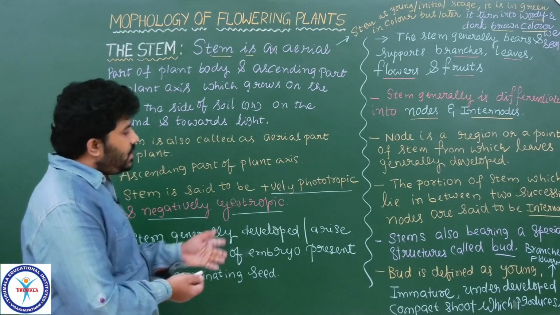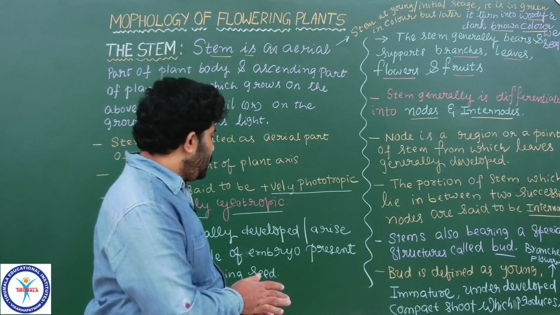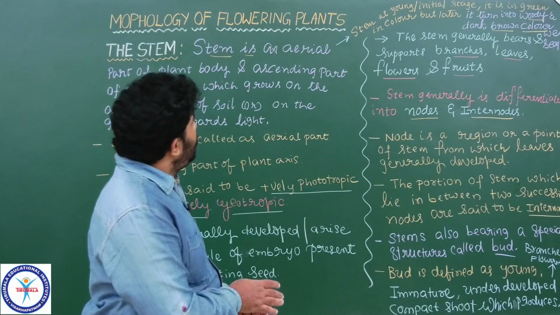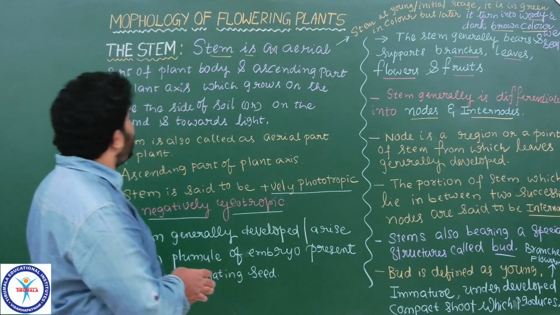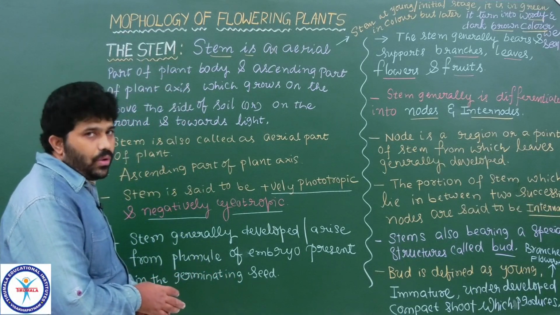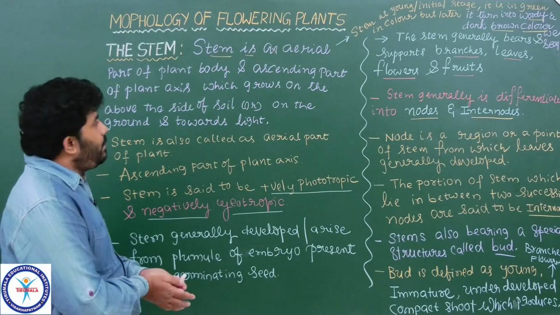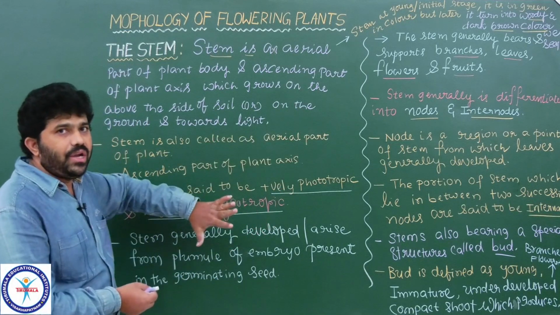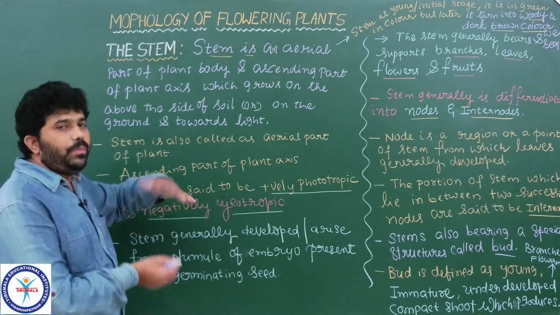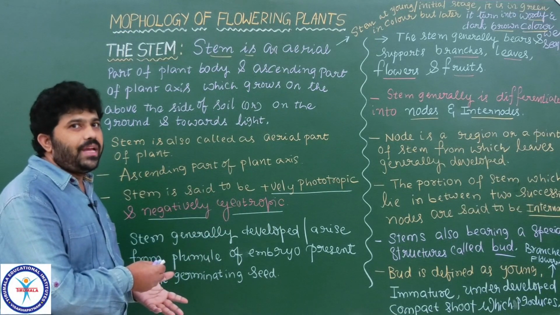So all these are the different terminology we should follow to understand the stem and its activities. Now, all this information we are learning theoretically, we are going to translate into a diagrammatic representation.